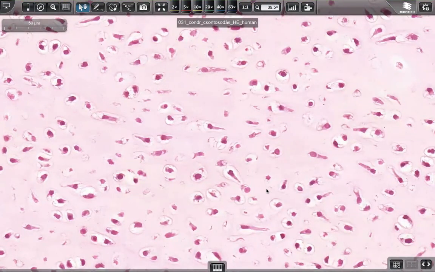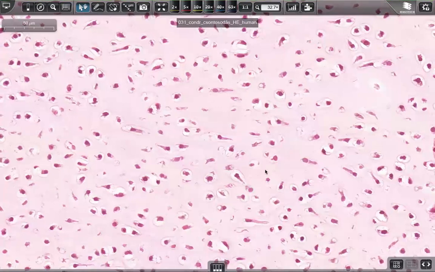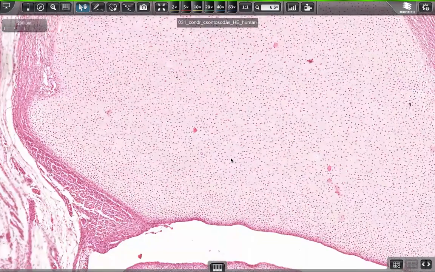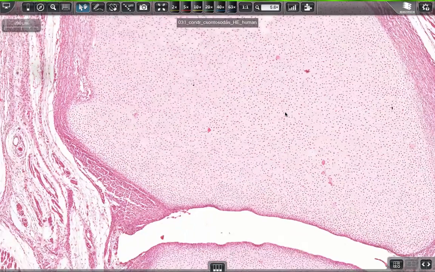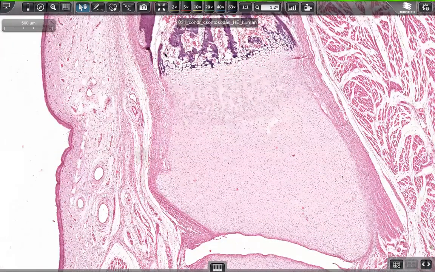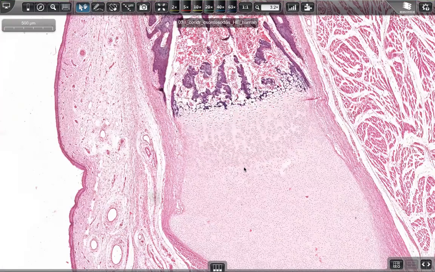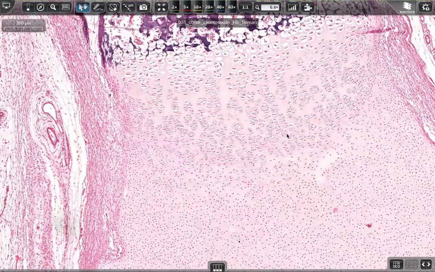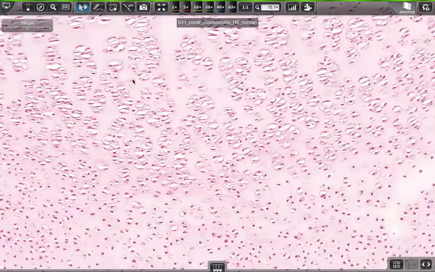It's a healthy appearance. Definitely the chondrons are smaller than in adult, matured hyaline cartilage, but it's quite similar to it. So that's the resting zone. And then a little bit closer to the bony collar, when the process eventually affects this area, the chondrons and the chondrocytes are proliferating, raising their numbers.